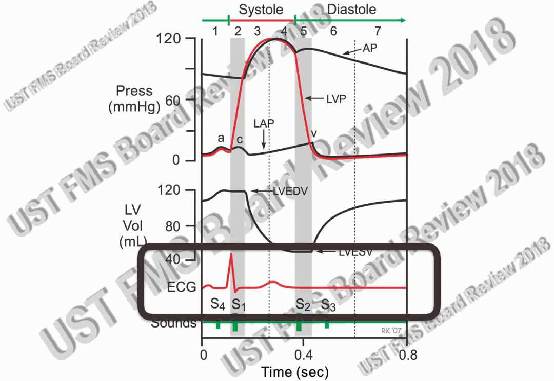And of course, take note that your S1 basically occurs after your QRS complex and at the onset of ventricular contraction. Your S2, on the other hand, in relation to your ECG, occurs after your T wave because your S2 heralds the start of your ventricular diastole.